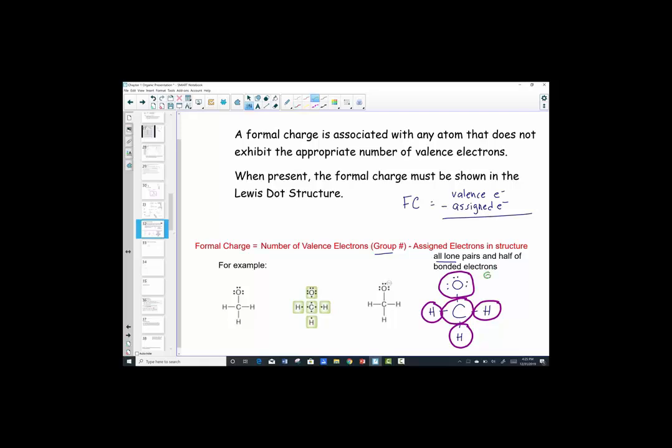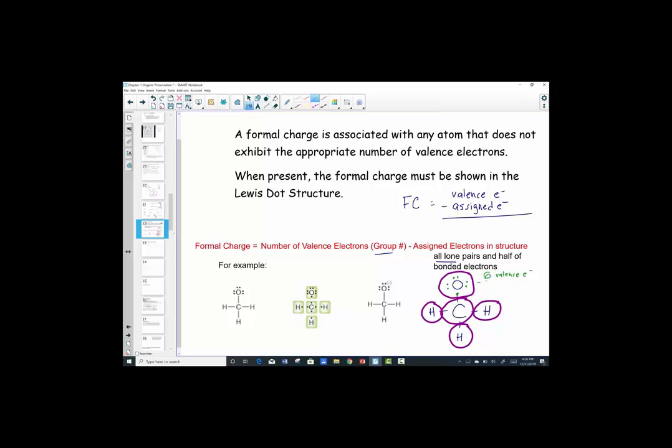Oxygen lives in group 6A, so it has 6 valence electrons. How many electrons are inside the circle? Well, I have 1, 2, 3, 4, 5, 6, and half of that bonded pair.